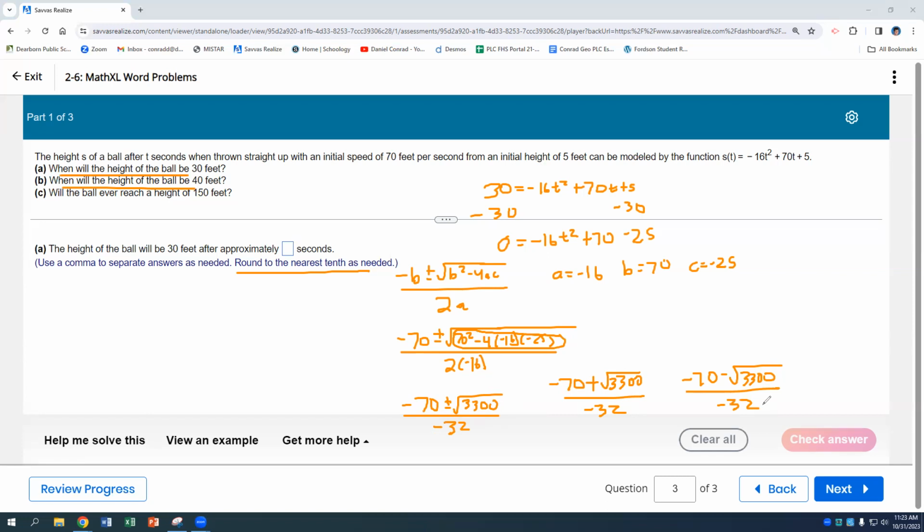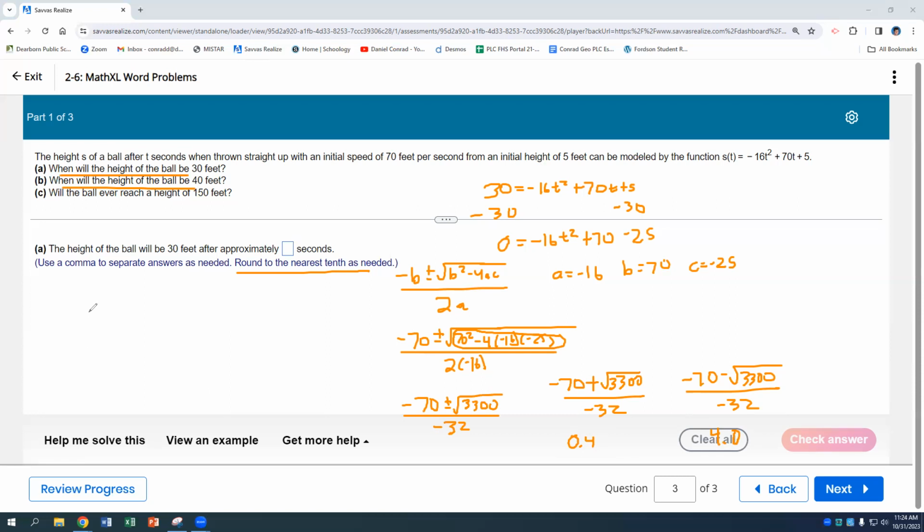And I'm going to put those in my calculator. So negative 70 plus square root 3,300, I'm going to hit enter, and then I'm going to divide by negative 32. And I get positive 0.4. Okay, and then I'm going to do negative 70 minus square root of 3,300 divided by negative 32. And I get 3.98, which is going to round up to 4.0.